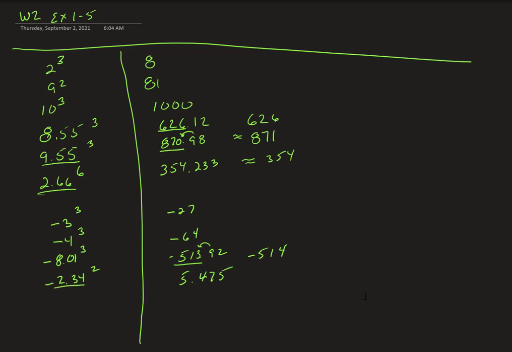Got three significant figures here, so we'll do three significant figures here. This is a 5, so it's going to round up one, make that an 8, so we end up with 5.48. You'll notice this time it's positive. So a negative number with an odd exponent is going to be negative. A negative number with an even exponent is going to be positive.